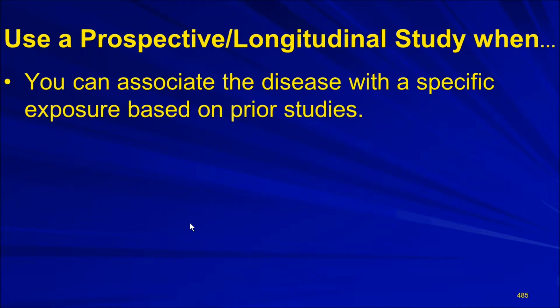It says when you can associate the disease with a specific exposure based on prior studies. So really what they're referring to is that you might use a more inexpensive study to determine whether you ought to use this very costly study to investigate a problem. So what would be a less expensive study would be a cross-sectional study or a case control study. Okay?